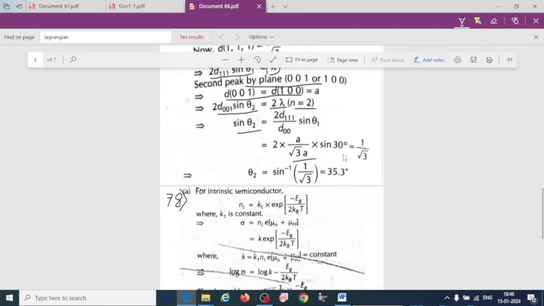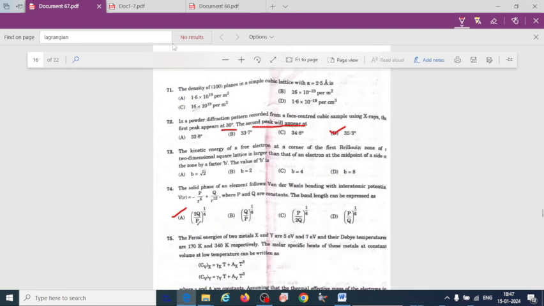So sine 30 is what? 1 by 2. So here the 1 by 2 gets cancelled, and a by a gets cancelled. Then here we get 1 divided by root 3. So theta 2, sine inverse of 1 divided by root 3, is what? Around 35.3 degrees. So option D is correct here.